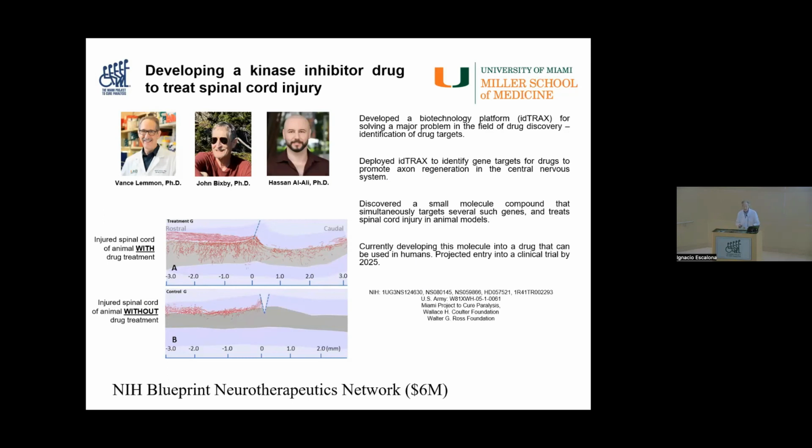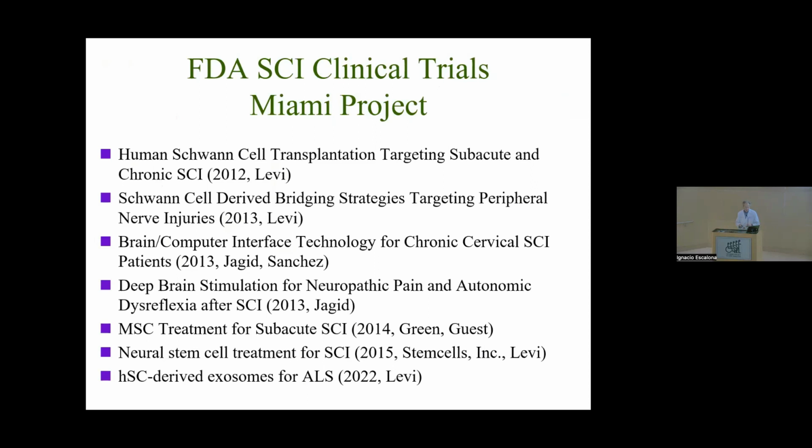I should also mention that Alan and Shelby Brooks and Aisha Khan just got NIH DoD funding for a study for peripheral nerve regeneration, which I'm going to get to in a second. So these are some of our clinical trials in the Miami Project.